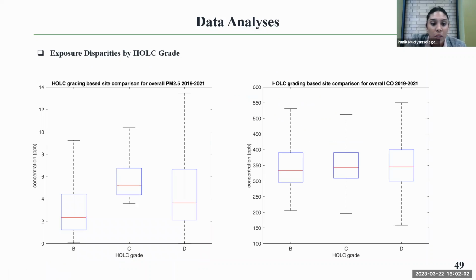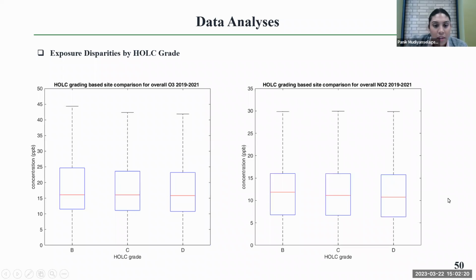Looking at this, overall, we don't see much of a significant difference. If you look at PM2.5 here, you see a slight disparity in median concentration, but it's not that significant. With CO, there's barely any difference. In O3, similarly, not much variation.